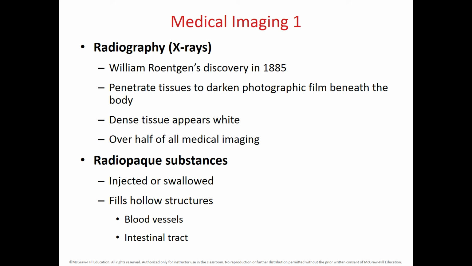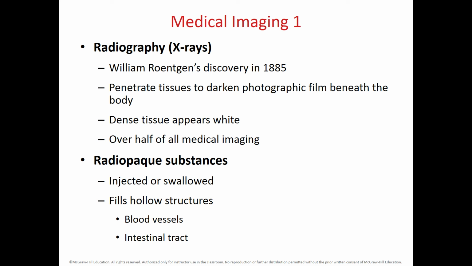Dense tissues like our bone will appear radiopaque or white, while less dense parts of our body, like muscles and the tissues of our lungs, will appear dark or radiolucent.